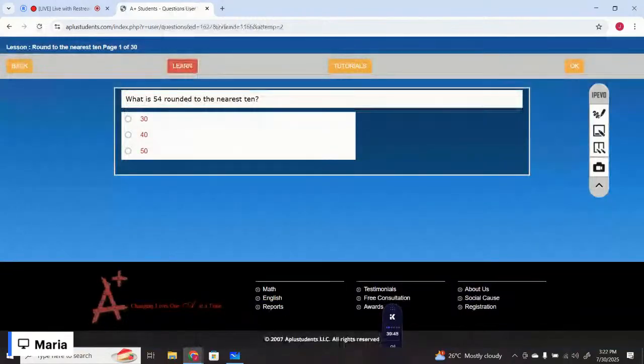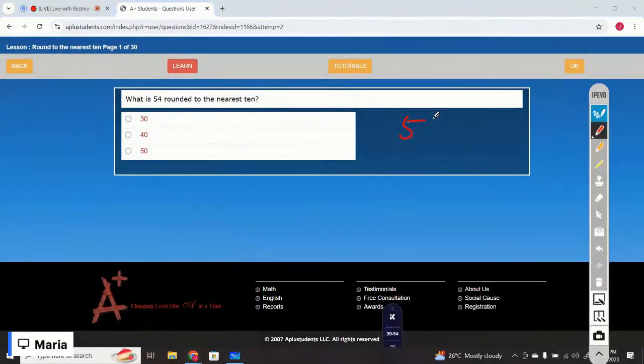What is 54 rounded to nearest 10? So 54. 5 is the digit that is at the tens place. Looking at the right hand side, we have 4. We need to compare this 4 to 5. So 4 is less than 5.